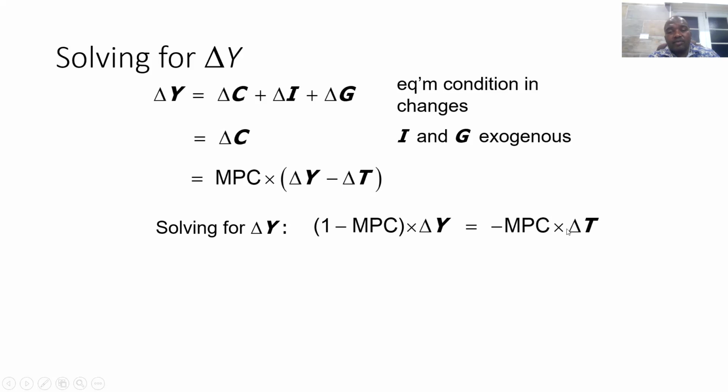The negative of MPC multiplied by delta T.